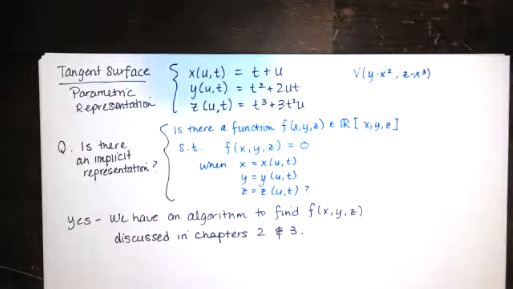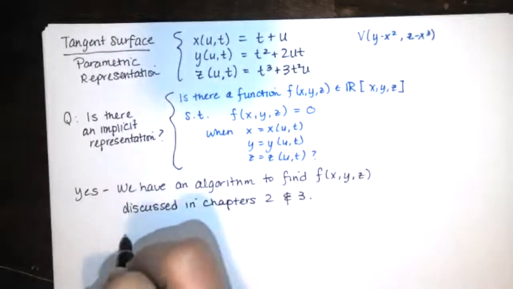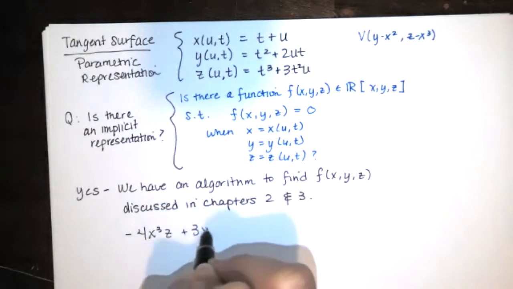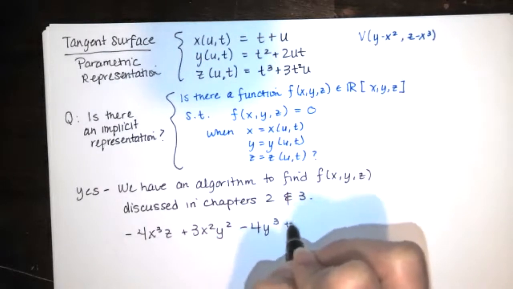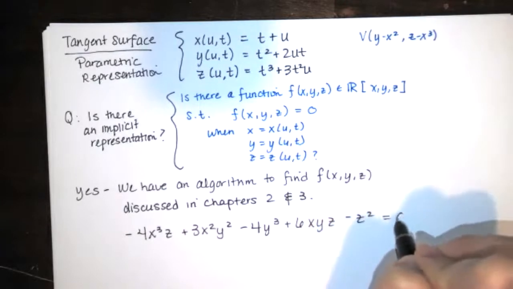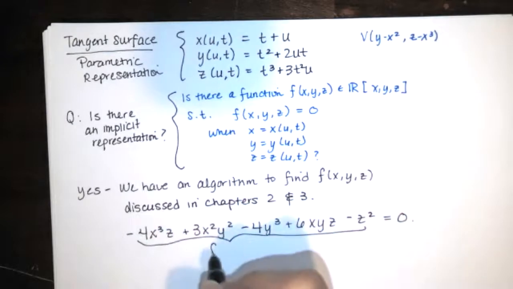Now, it turns out that that function, f of x, y, and z, is this. It's negative 4x cubed times z plus 3x squared times y squared minus 4y cubed plus 6 times x times y times z minus z squared equals 0. This is your function of x, y, and z.